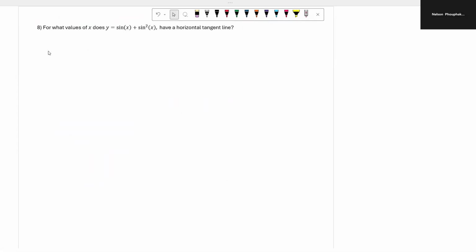Now let us work on our last example. For this problem, again, I would like to find the value of x where the function y has a horizontal tangent line. When you see a horizontal tangent line, remember that we want to find where y prime is equal to 0.